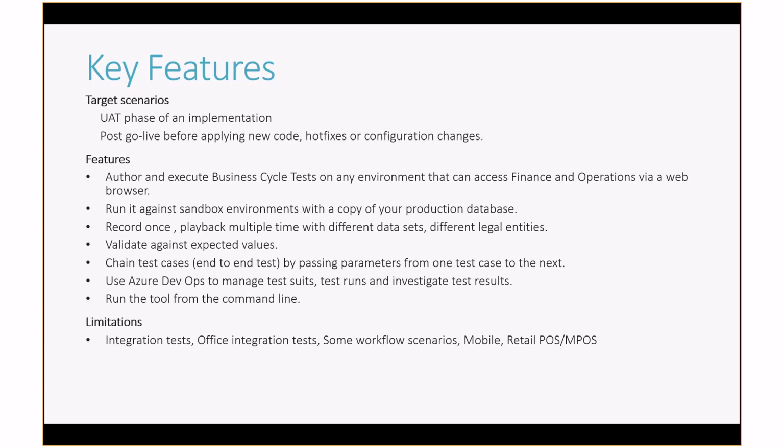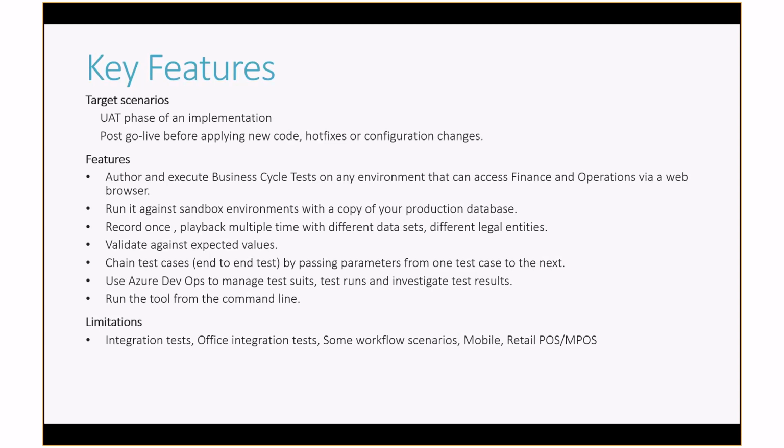You can chain test cases as part of an end-to-end test by passing parameters from one test case to the next. So the output of a particular test case can be a variable that's the input of a test case to be run later on in the test run. You will use Azure DevOps to manage your test suites, test runs, and investigate test results.